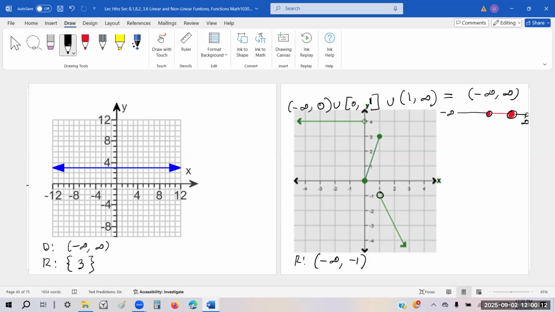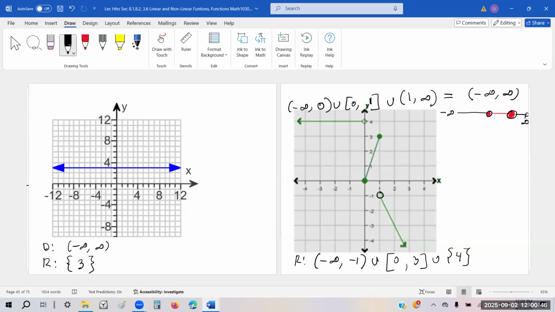So you're not starting at negative 1, you jump, and where do you start? 0. So union 0 with a closed bracket, and then you keep going until 3, bracket. And then you jump again. So you skip 1 and then you start your journey at 4. And then do you go above 4? No. The curly bracket 4.